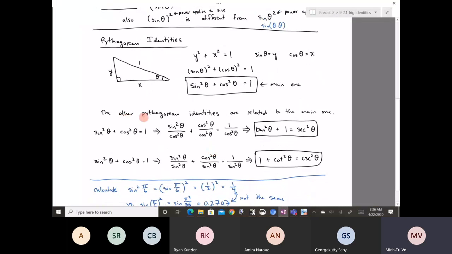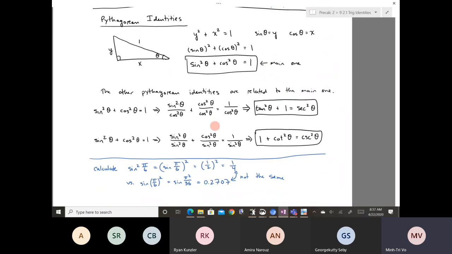And then the other two Pythagorean identities are just coming from the main one, right? As I say, sine and cosine are the two main trig functions, and the other ones are just derived from sine and cosine. If you take this equation and divide everything by cosine squared, then it produces this identity.